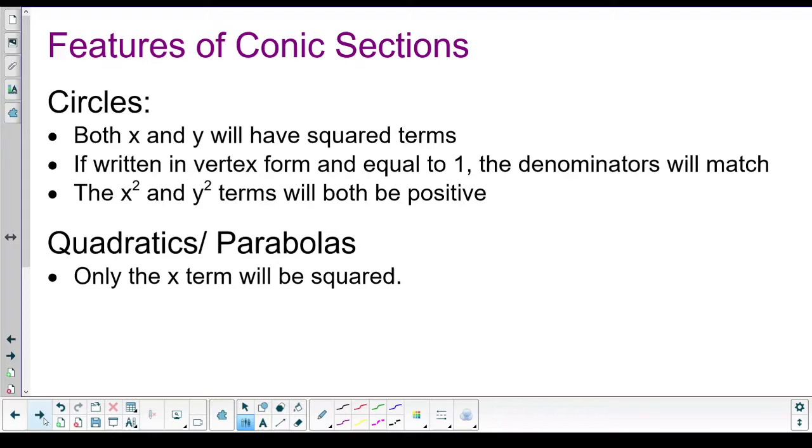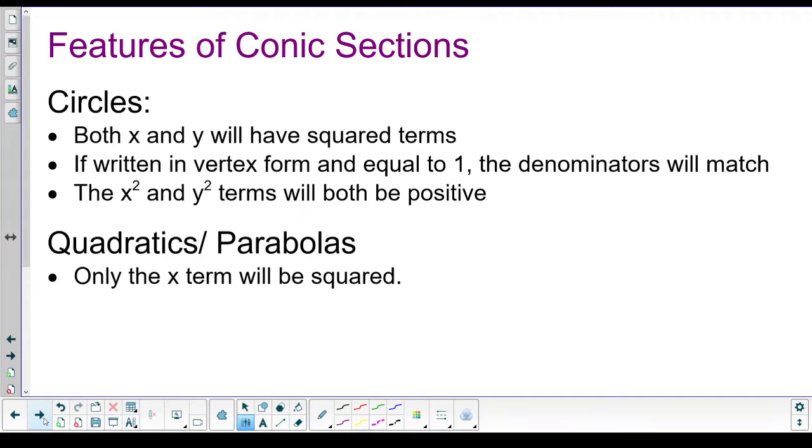So the features of the two most common, or most, what's the word I'm looking for here, you guys? The most familiar conic sections, the ones we're most acquainted with. We walk into a party, we grab a soda pop, and then we beeline it for circles because we're homies with circles and we're comfortable talking about how awkward we are at parties with circles.